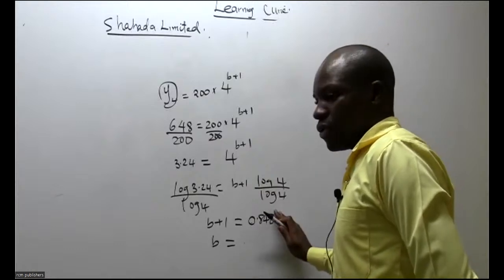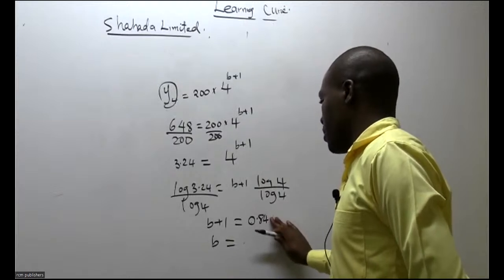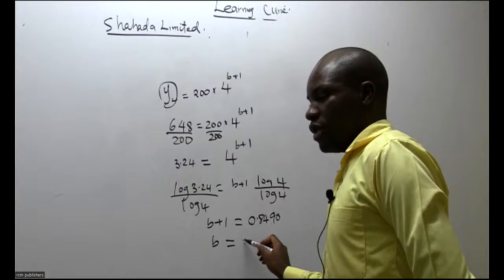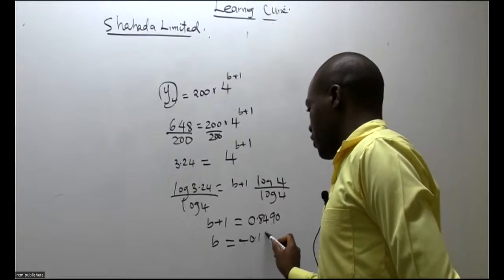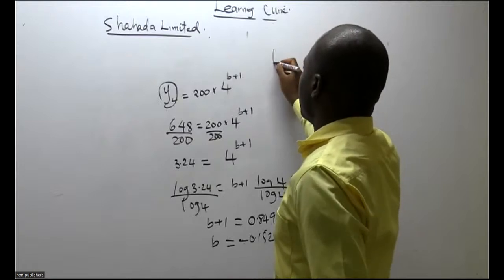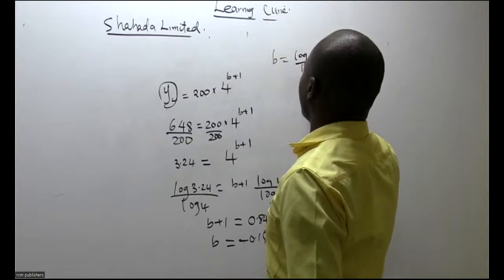Or even if you use what you have there, maybe if that's what you're getting, what are you having here? The value of B, negative 0.1520. Now, B is equal to log R over log 2.